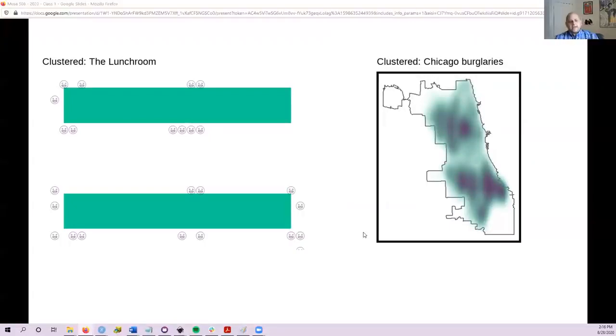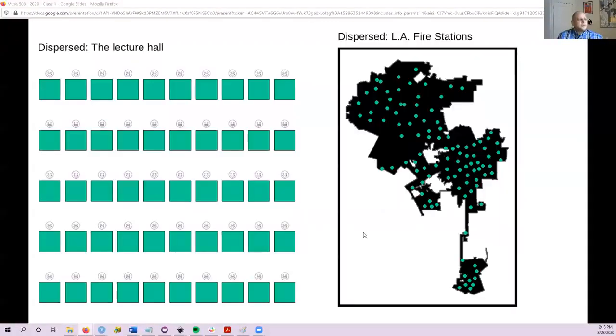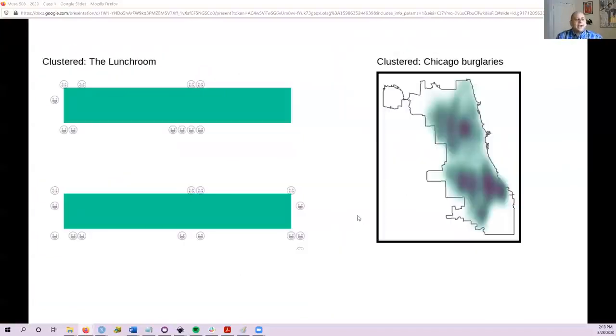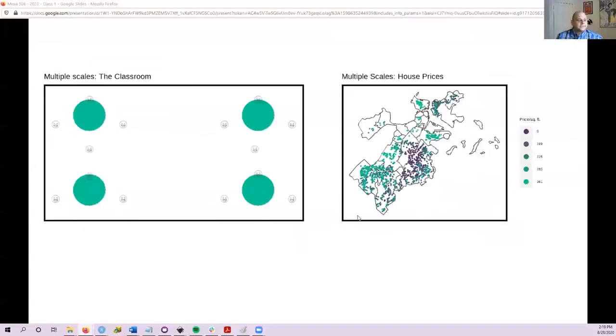You can see here we have clustered crime. These are clusters of burglaries in Chicago. People selecting into communities to commit these crimes. And so unlike dispersion, where you have some external decision maker who's deciding where to put the tables and why, here you have individuals making a decision and selecting into a location.